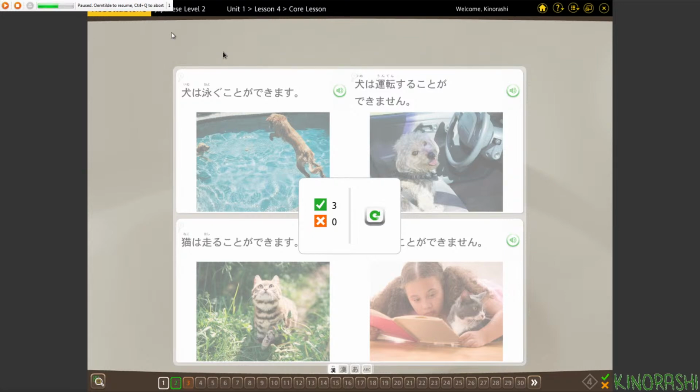Hitsuyo. Japanese to English. Means necessary. Yes.